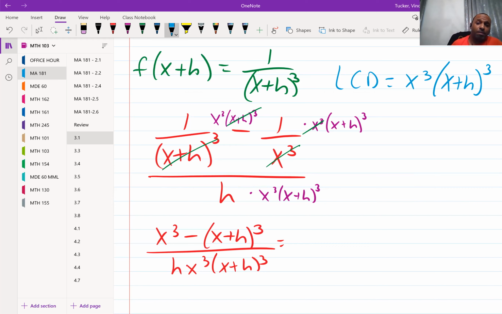So I multiply both top and bottom, or each numerator, by that LCD. And so next move is to expand that out so I can get rid of any term that does not have h in it. If you don't have h in the numerator, I need to get rid of those. So that's what's going to happen next.